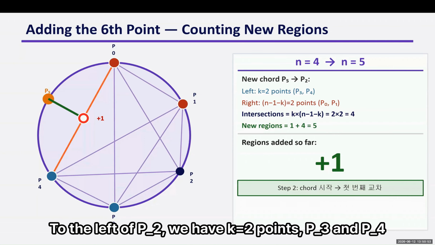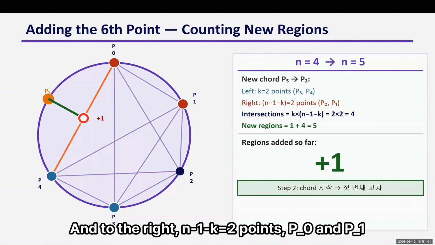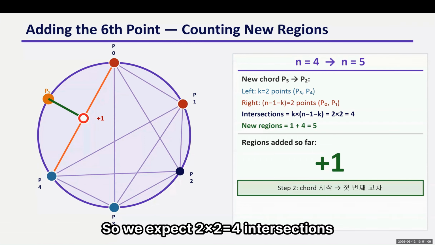To the left of P2, we have k is equal to 2 points, P3 and P4. And to the right, n minus 1 minus k is equal to 2 points, P0 and P1. So we expect 2 times 2 is equal to 4 intersections.